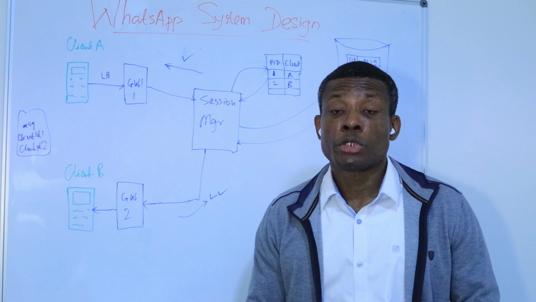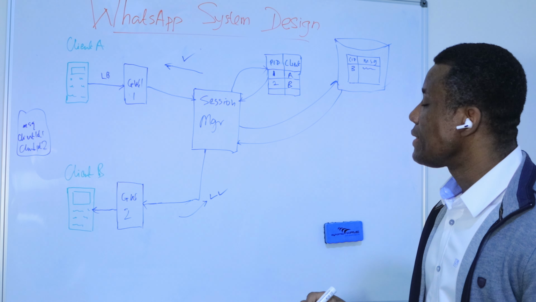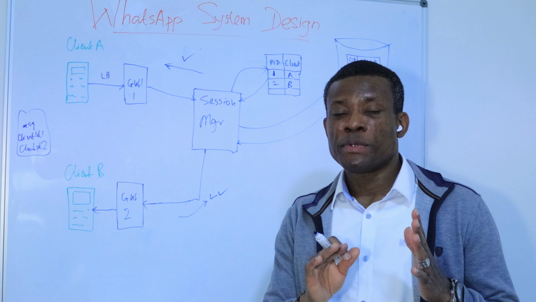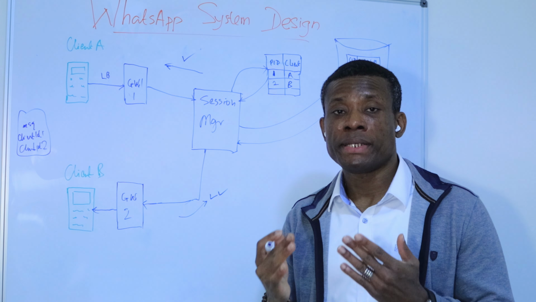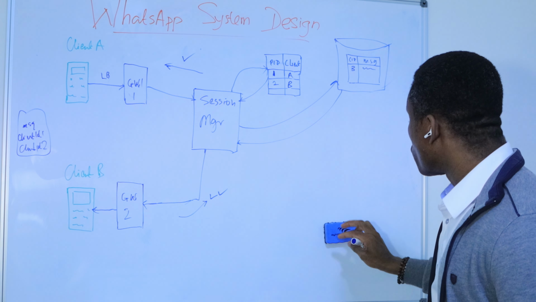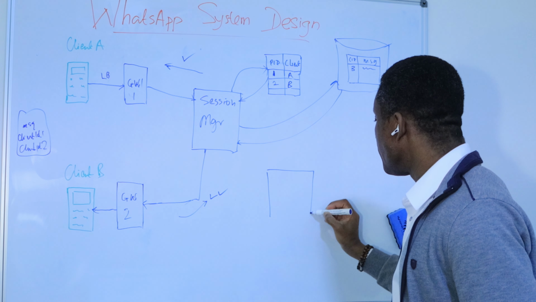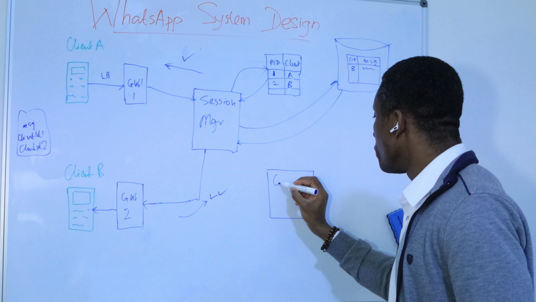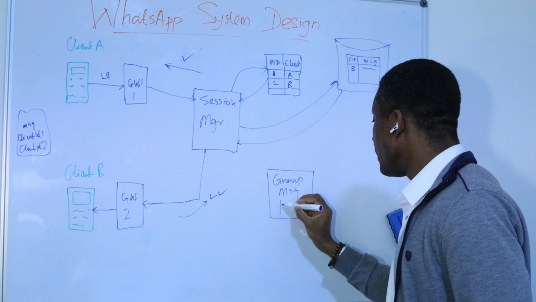Let's now talk about group messages. Group messages are delegated to another component called the group message service, or the group message handler. So the group message handler is this component here.